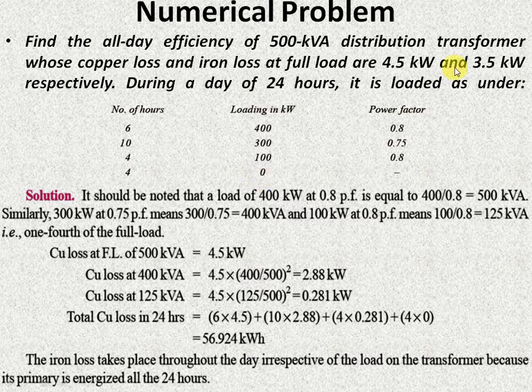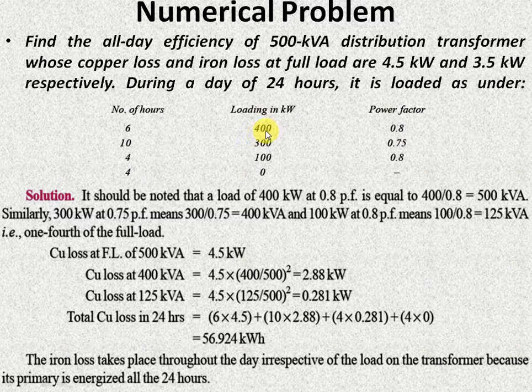For these 24 hours, the value of core loss will remain constant. As we have mentioned before in the previous slides also, core loss is actually a constant loss, and it does not vary based upon the loading. At full load 500 kVA, the value of copper loss is 4.5 kilowatt.